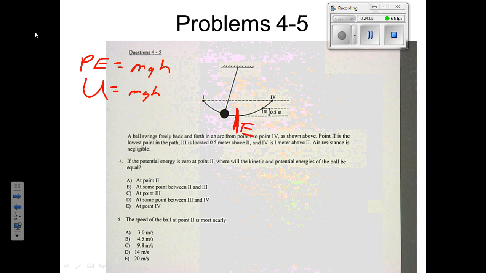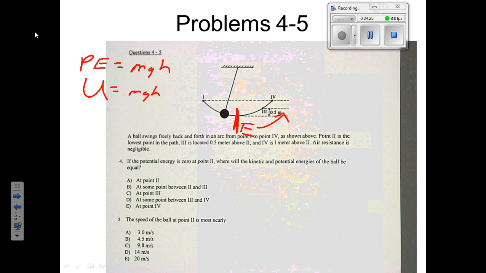If our pendulum's going back and forth, what's a maximum at point 2? The kinetic energy, right? It's going as fast as it can go at point 2. As this pendulum swings up, kinetic energy goes down because velocity goes down.